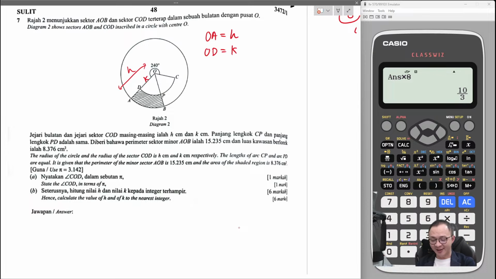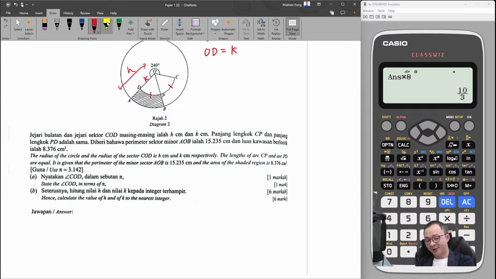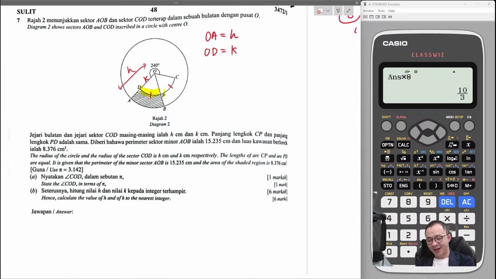From the first sentence, if you don't understand, read the first sentence multiple times. Then the length of the arc CB and the arc PD are equal. That means these two lengths are the same. In Malay, they call it lengkok. They have the same arc length.